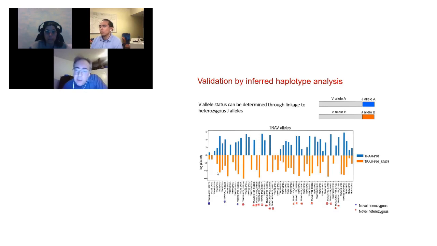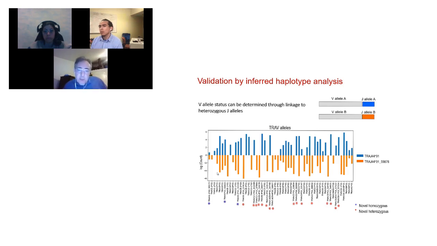Also, the program allowed us to identify a novel J allele in this individual. Here's a novel TRA-J44. And the fact that you can actually identify novel J alleles allows you to do this haplotype analysis of the V alleles.